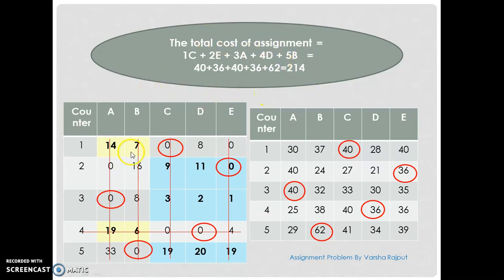And the assignments will be: first counter will be given to person C, second will be given to person E, third will be given to person A, fourth will be given to person D, and fifth counter will be given to person B. And this is the optimal solution.